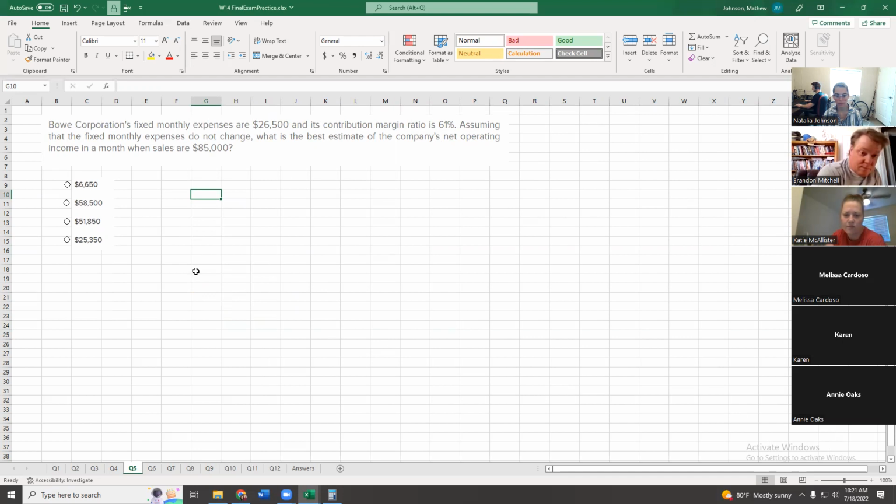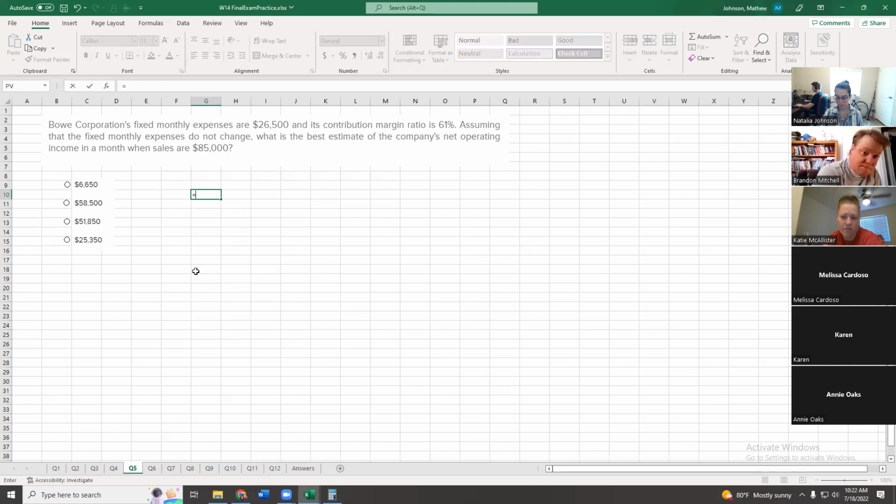Well, your contribution margin ratio is CM divided by sales. So you could take your 61%, well, your 85,000 and divide it by your 61%. And that will give you 51,850.